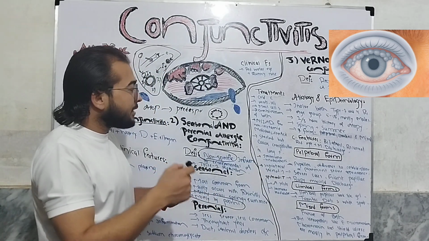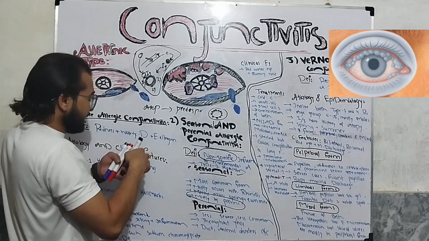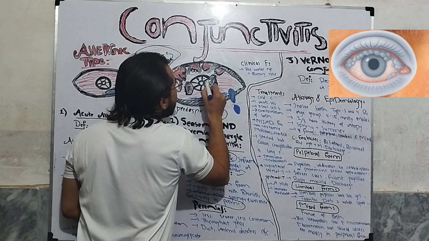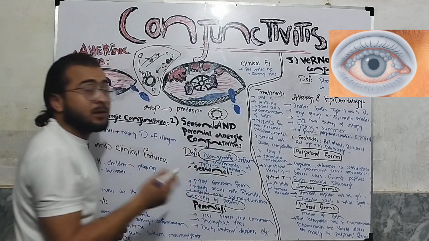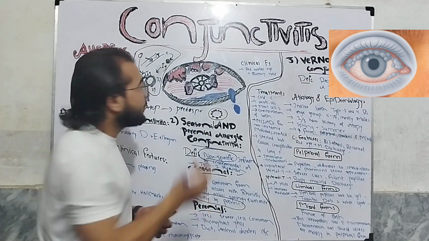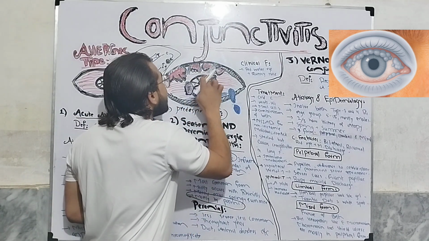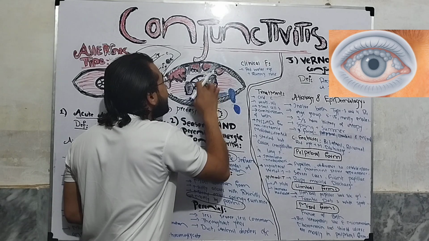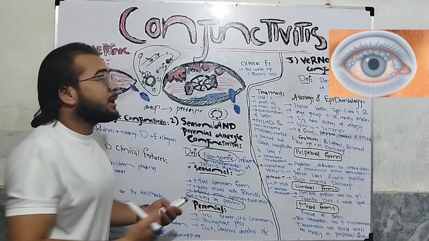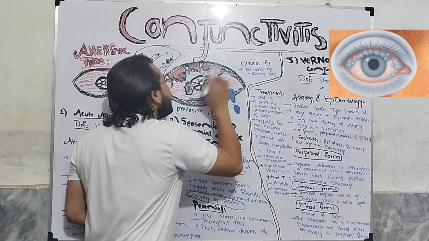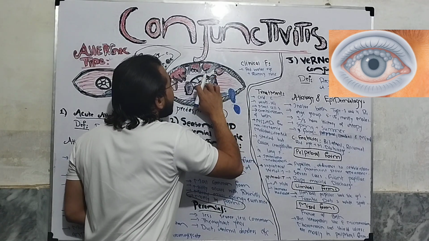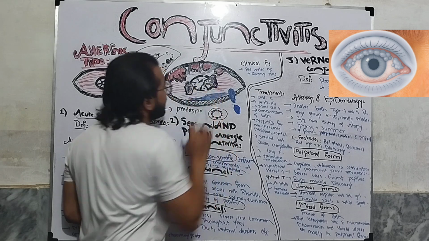The keratopathies are, for example, punctate epithelial keratitis, okay? The punctate epithelial keratitis will be present, and it may cause micro erosion of the corneal epithelium. So there may be micro erosion of the corneal epithelium, and this micro erosion can advance to macro erosion.